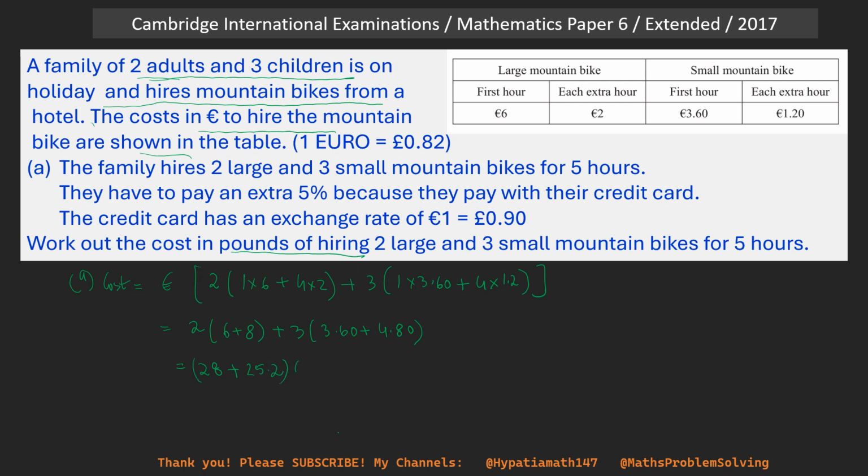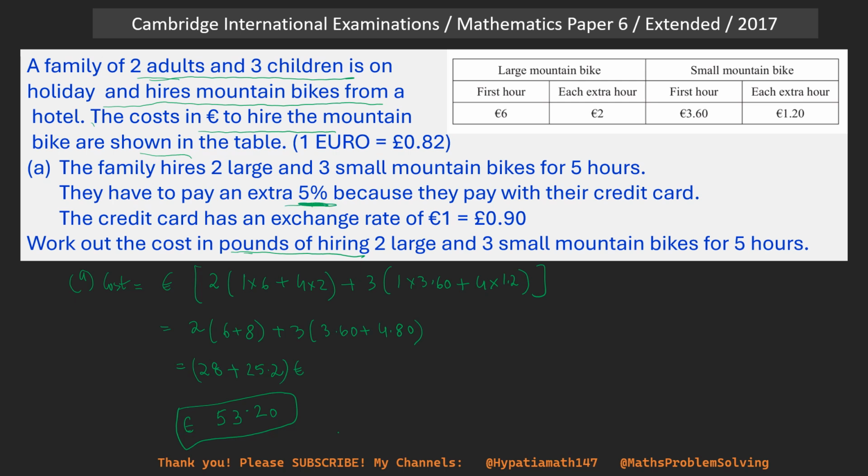So that's all in euro, and then that would be 53.2 euro. But this is not the answer because we need to convert it into pounds and also add the extra 5%.